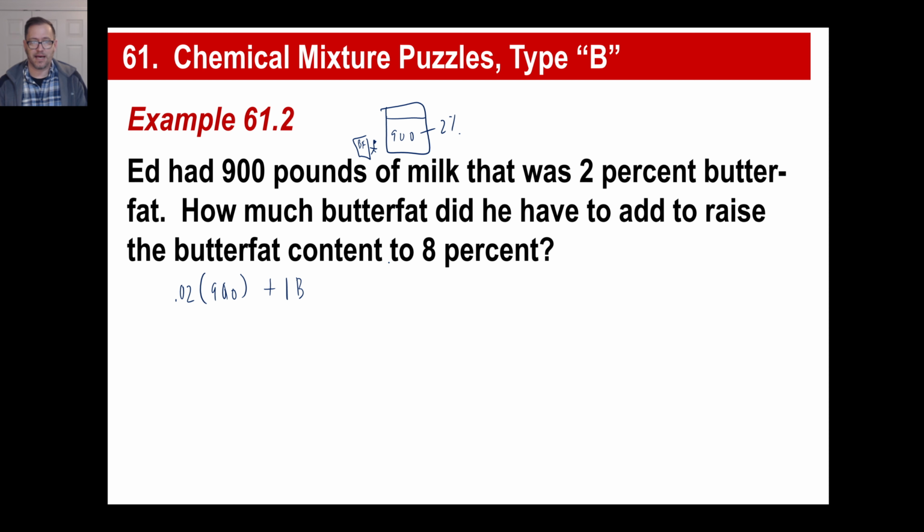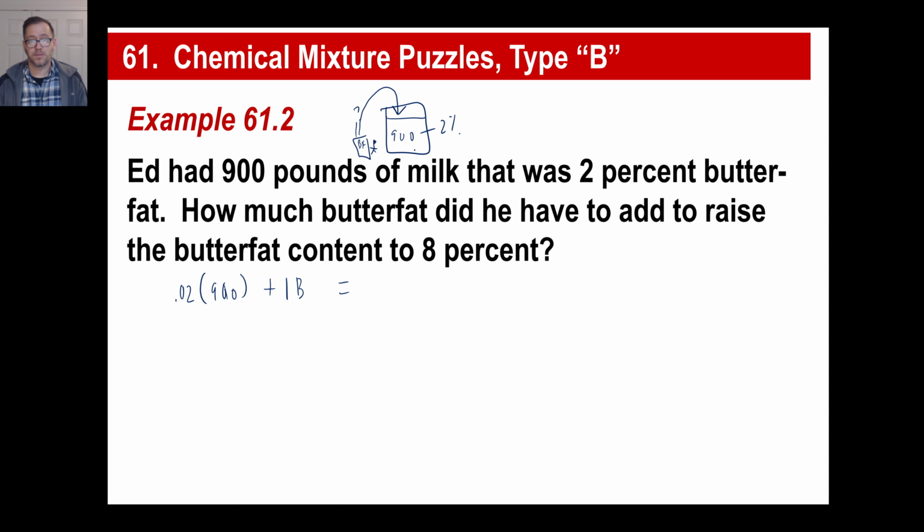How much did he have to add to raise it to 8%? In other words, he is pouring something in that we don't know. Well, he'll know, but we won't know yet. We don't know how much the end result is going to be either.